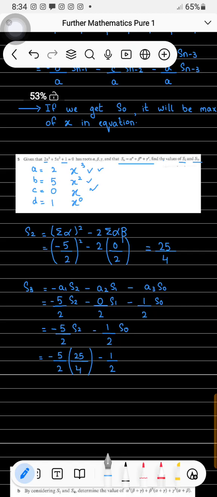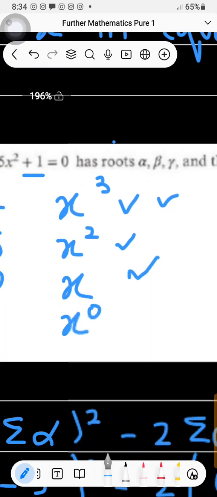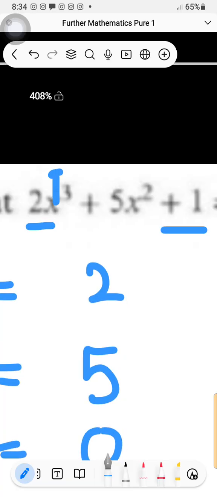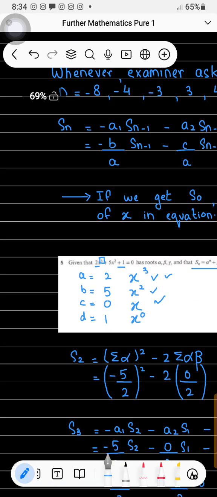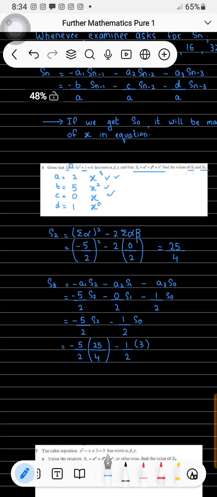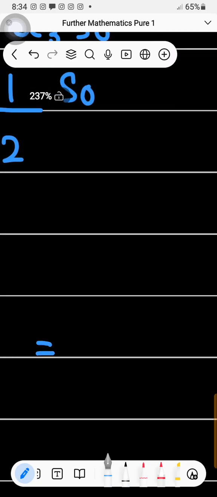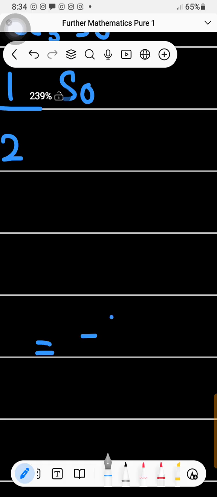I told you that S0 will be the maximum power of x in the equation. What is the maximum power? Maximum power is 3 in the equation, so S0 is 3. If we calculate this using the calculator, we will get negative 137 upon 8 as an answer.